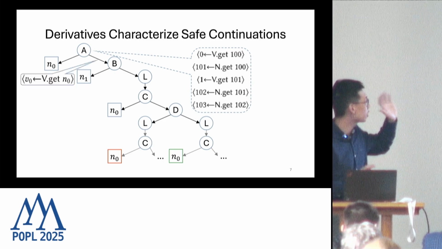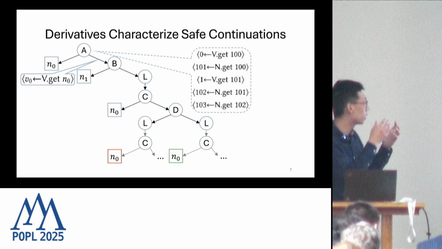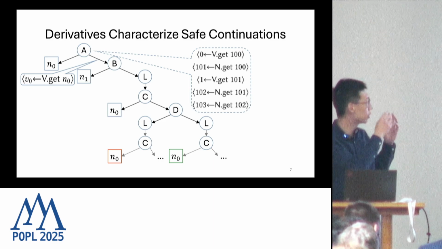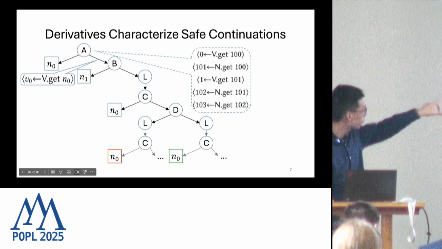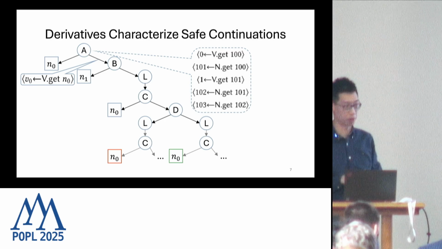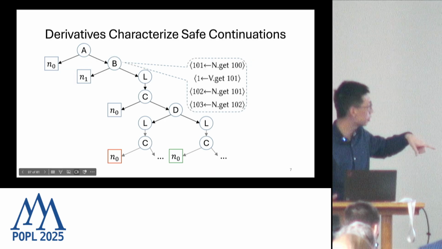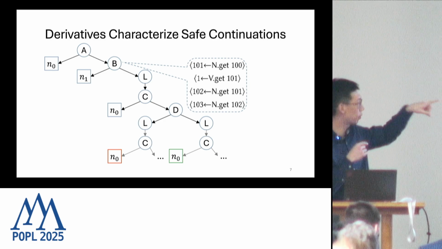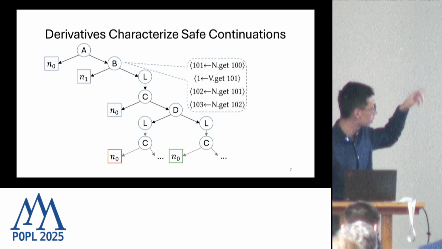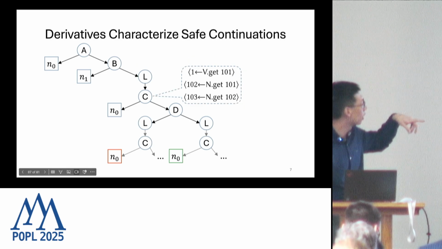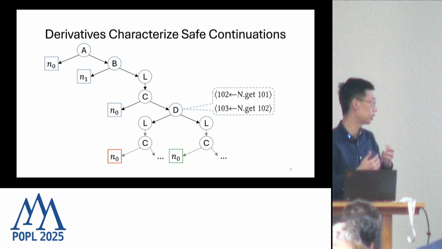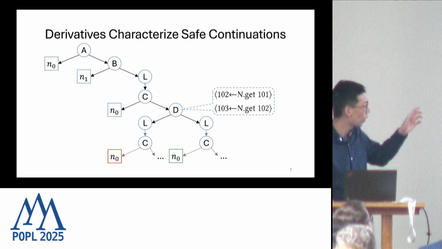As the program inspects the first node in the linked list, using a get operation on key-value store v, we notice that this program action matches the first action in the safe execution. Therefore, the derivative will contain the corresponding postfix. As we continue exploring the path until we reach program point D, we keep track of the derivatives and update it. And now we have two possibilities again.